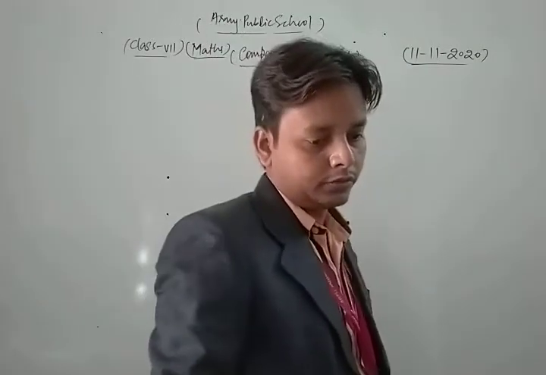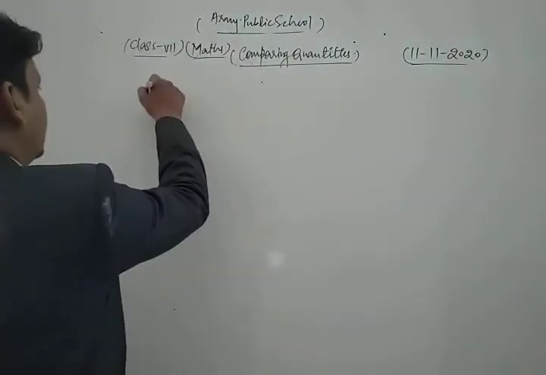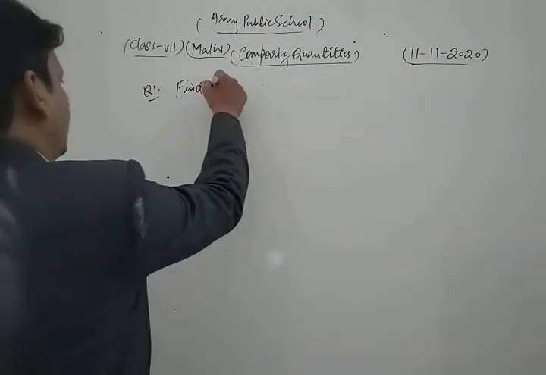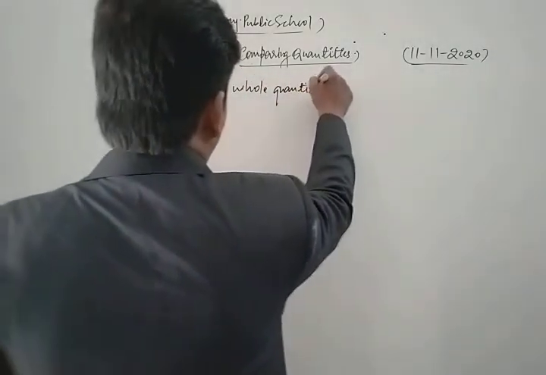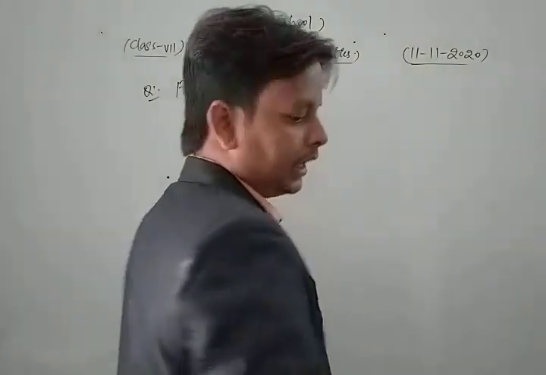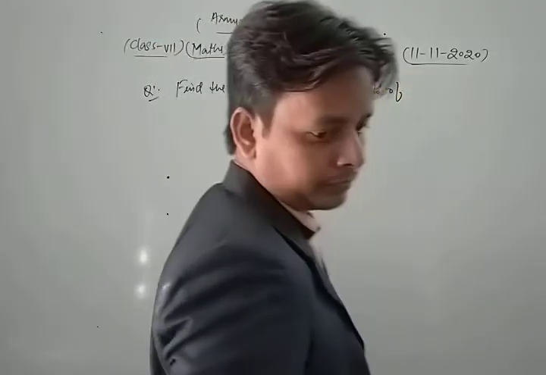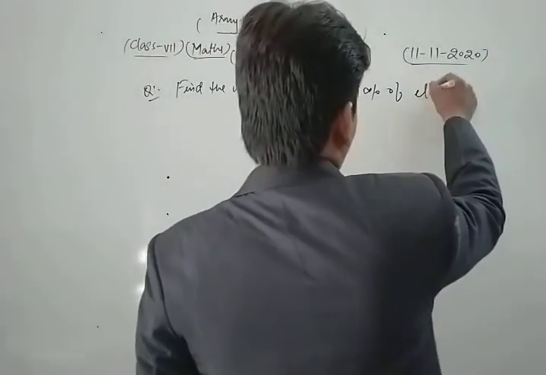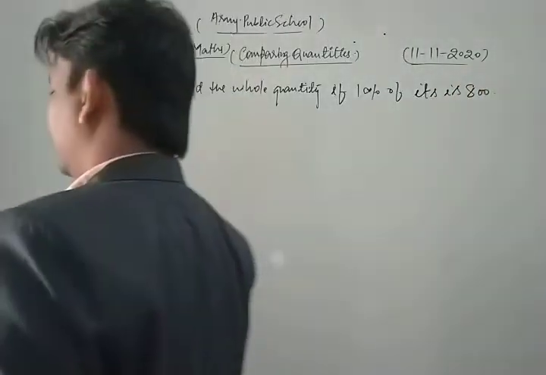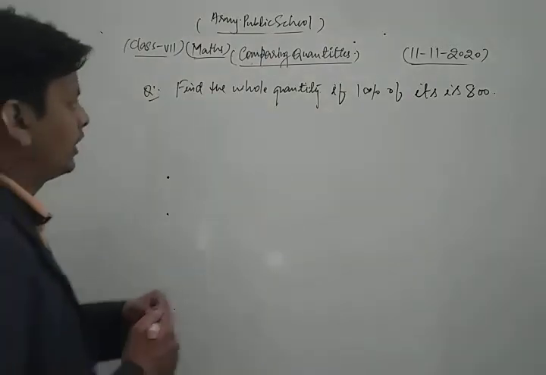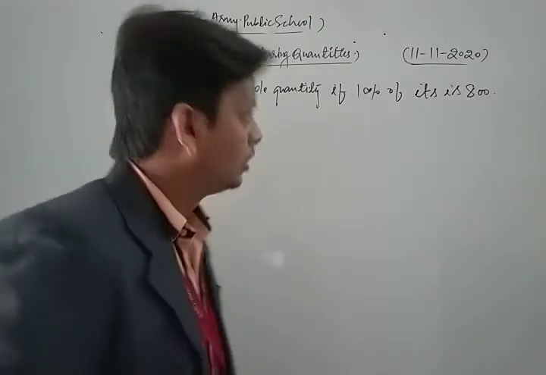Your next question is: find the whole quantity if 10% of it is 800. We find the whole quantity if 10% of it is 800. Now let's see its solution.